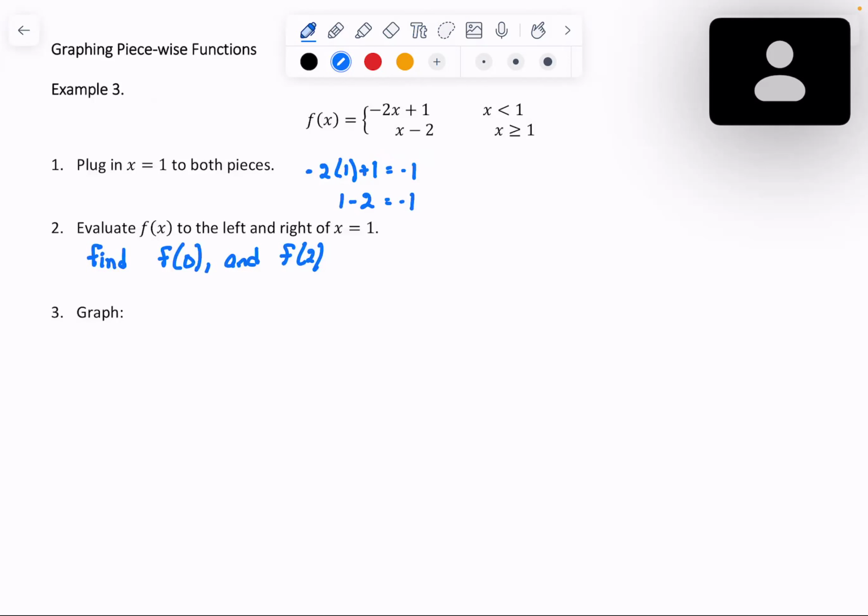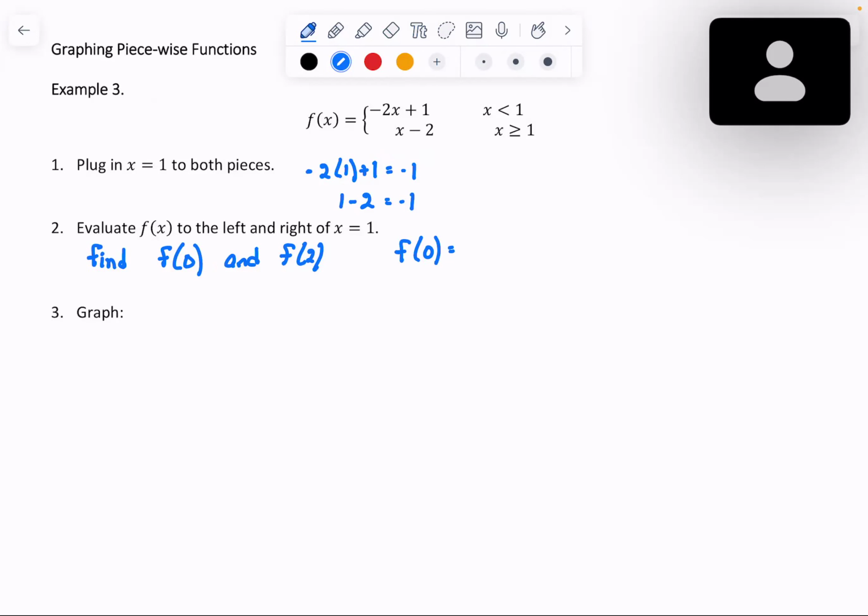So f of 0 is what? When I plug in 0, I get what? Yeah, 1, right? It fits into the top piece.